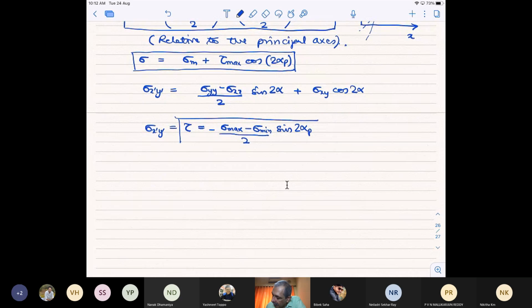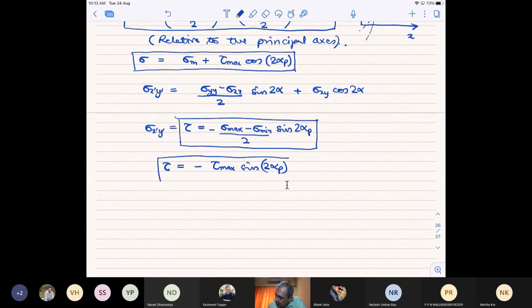And then if you write it in terms of tau max, you can see why it is tau max. The prefactor is just this. So then tau can also be written as just minus tau max into sine of 2 alpha p, where tau max is just this term. So it's the maximum value of tau.